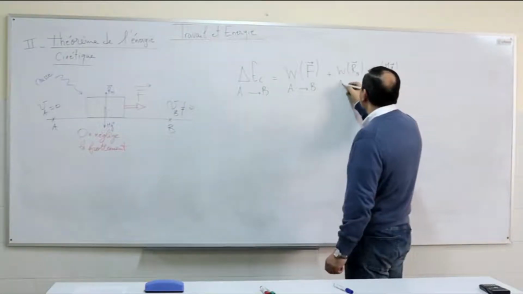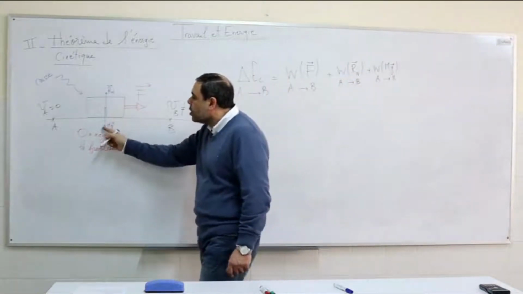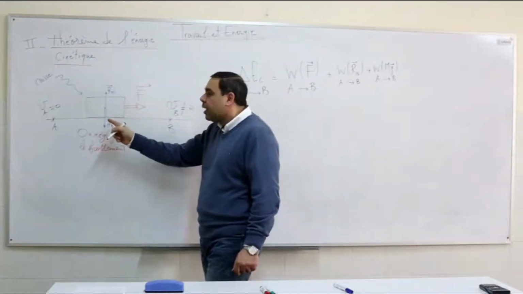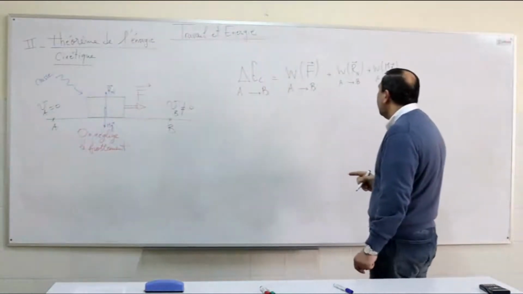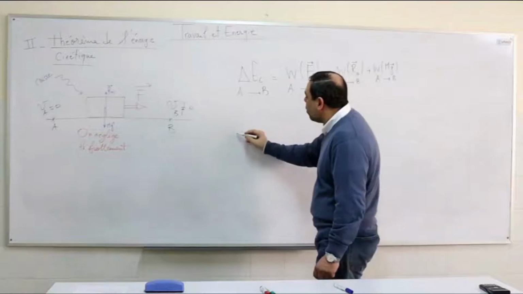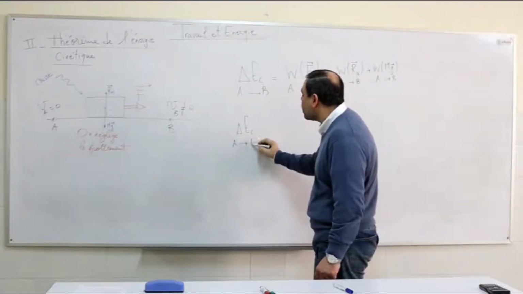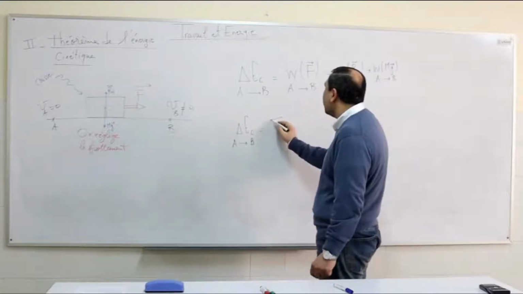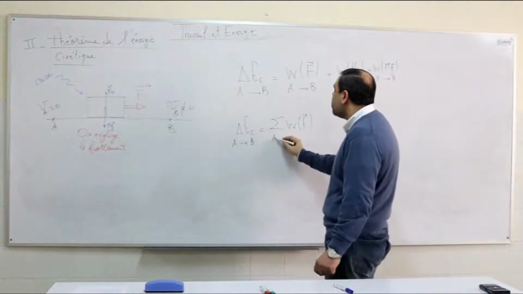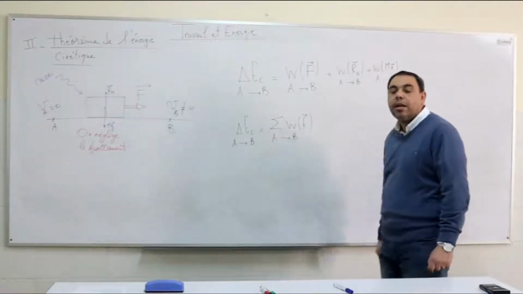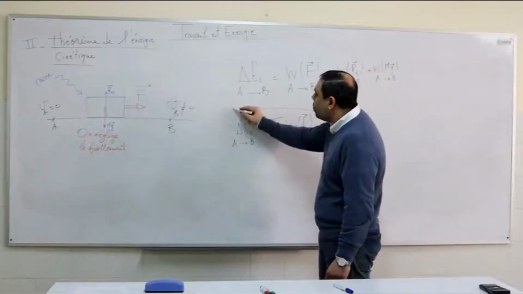Then we say that the variation in the kinetic energy of the box between A and B is equal to the sum of the work of the forces acting on the box between A and B. This is the kinetic energy theorem.